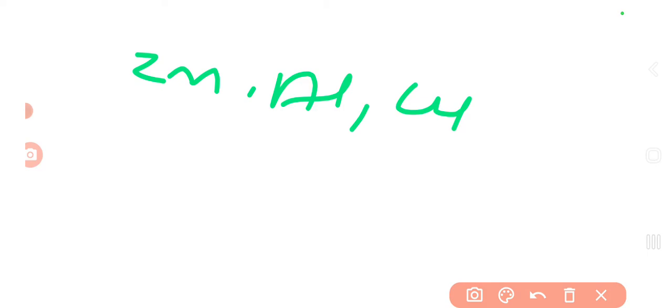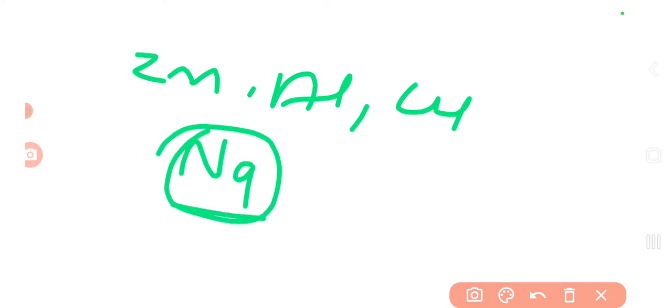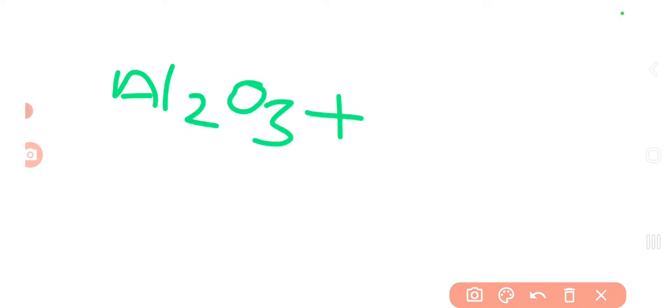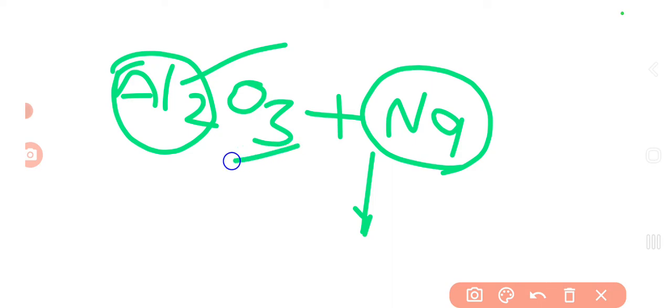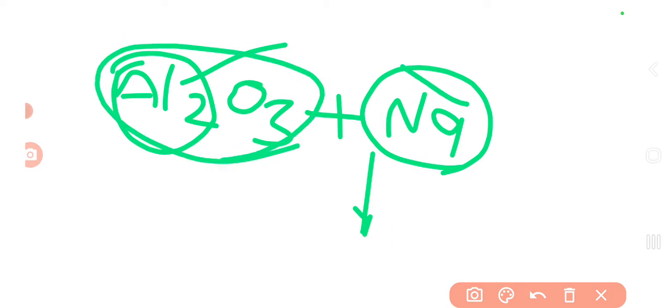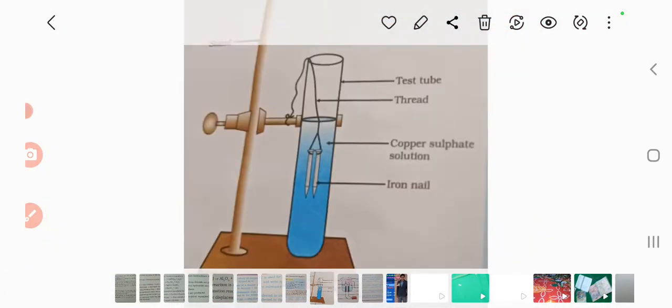Zinc, aluminium, copper and sodium, which is more active? Sodium. So if Al2O3 reacts with sodium, sodium can easily displace aluminium metal from its compound because sodium is more active compared to aluminium.